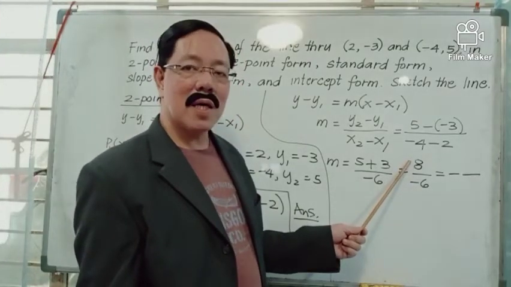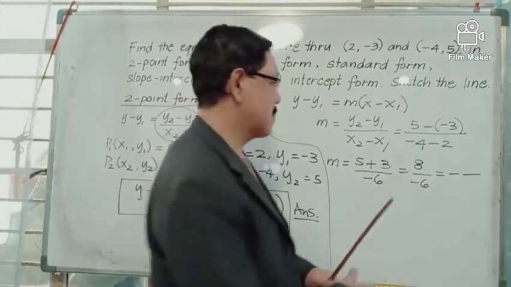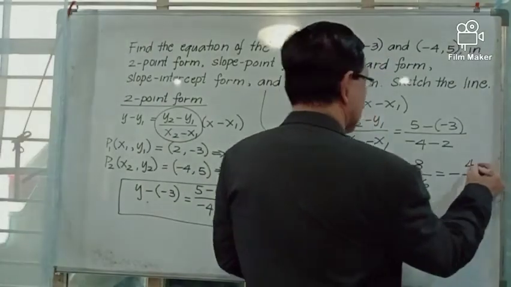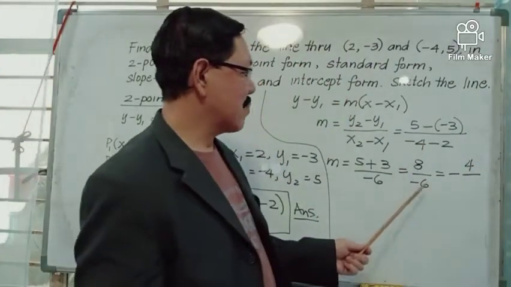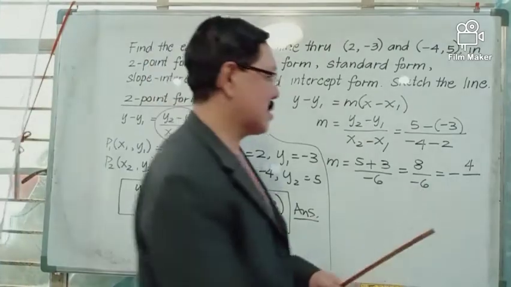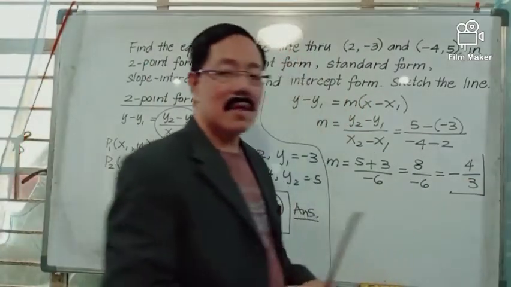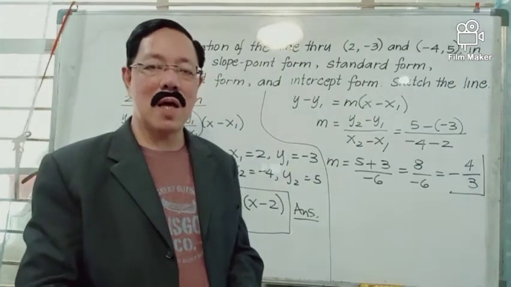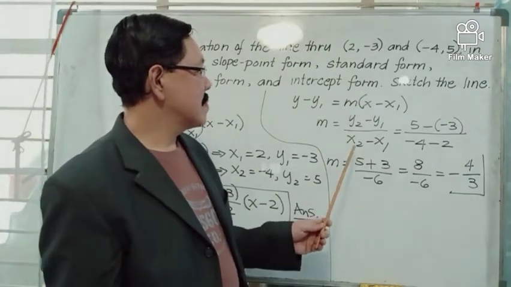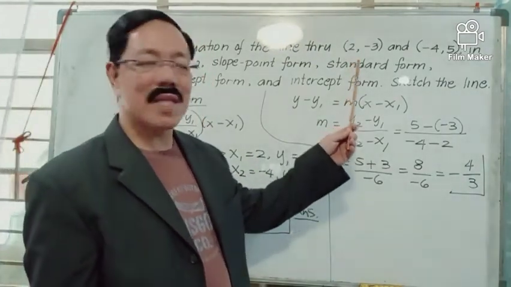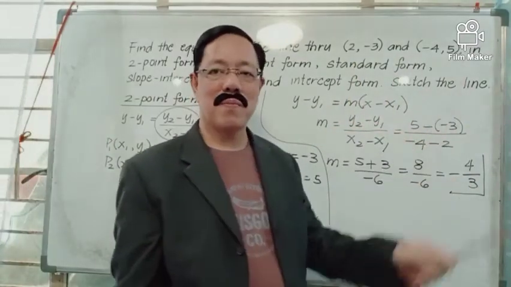So we divide 8 by 2, that's 4, and we divide 6 by 2, that's 3. And that is the slope of the line through these points (2, -3) and (-4, 5).